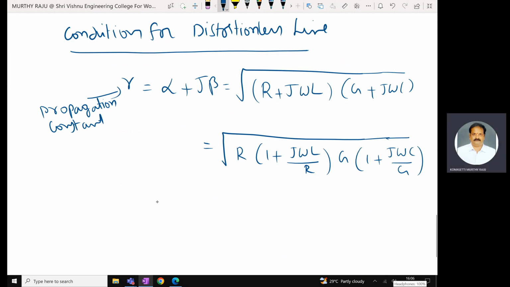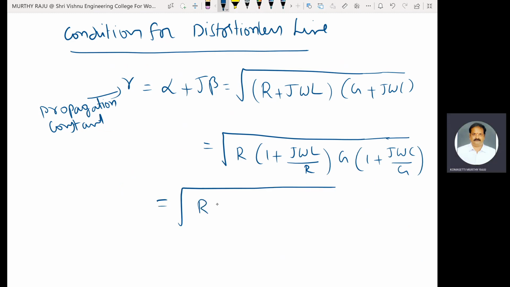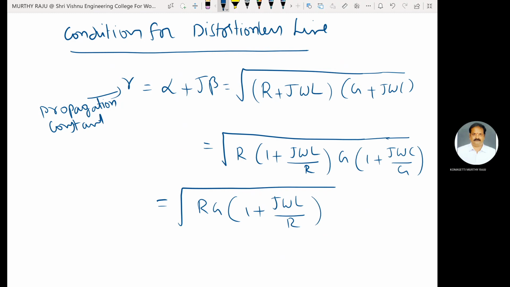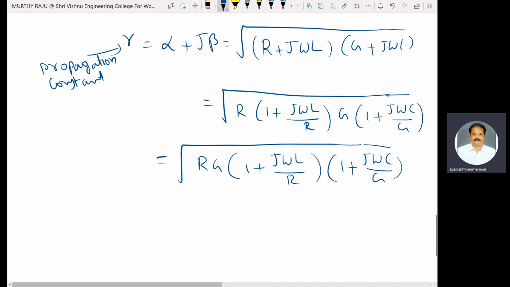That is equal to square root of RG (1 plus j omega L by R)(1 plus j omega C by G).